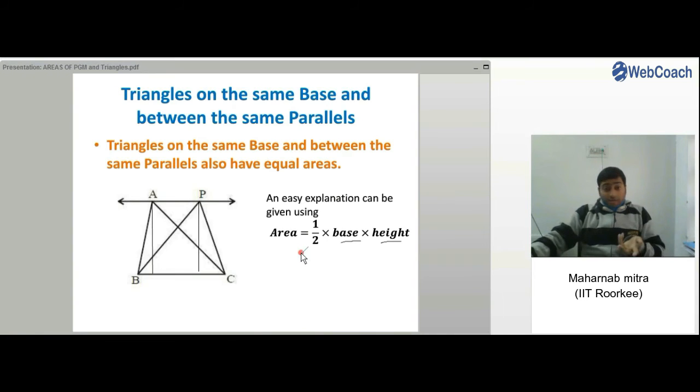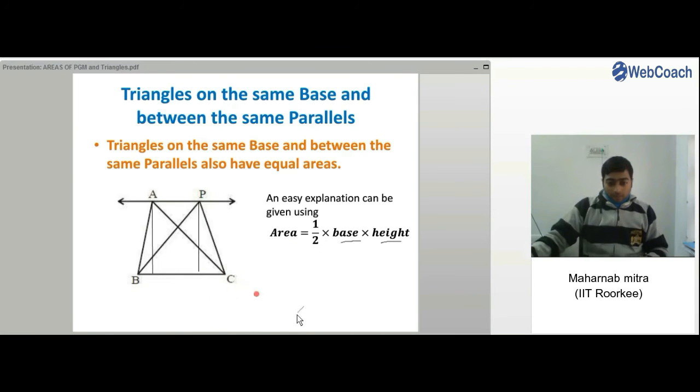So here we also get the height as the same. Base is same, height is same. So easily we can say half into base into height is the same for both of them, or the area is the same for both the triangles lying on the same base and between the same parallel lines, right?